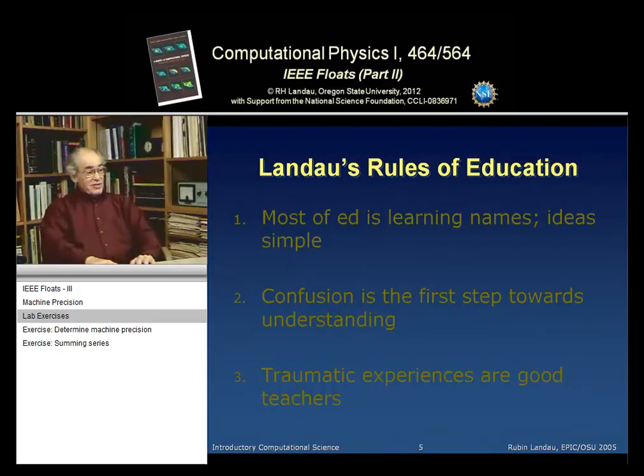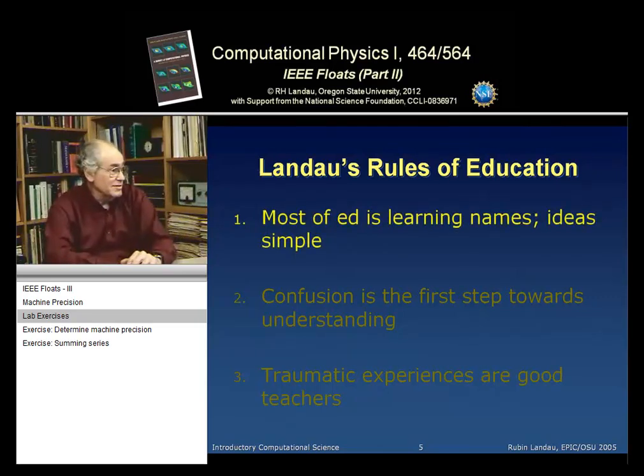The first rule of education, I may as well tell you now when you have to get to the lab and you have to face some of this, is most of education is just learning what the names mean. If we can tell you what the names mean and they make sense to you, the ideas are pretty simple. Even these highfalutin people, they have simple ideas. They just use these terms. You don't know what the terms mean. Once you know what the terms mean, the ideas are pretty simple.